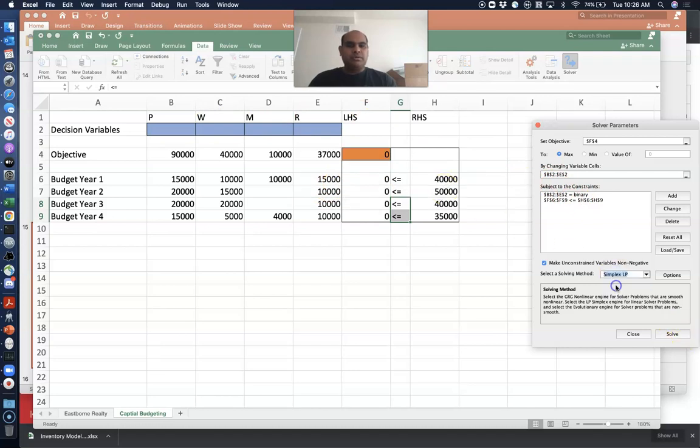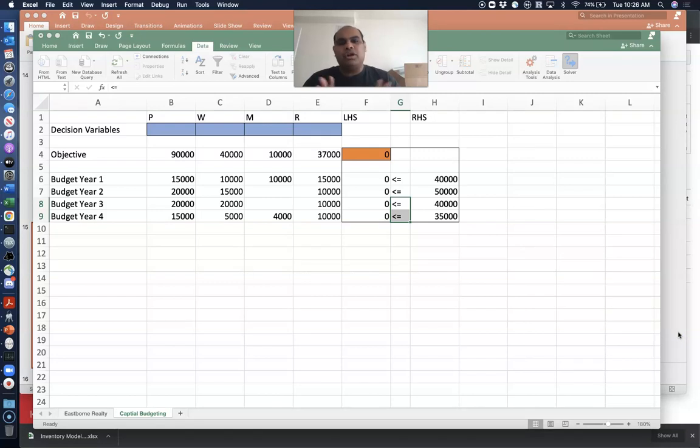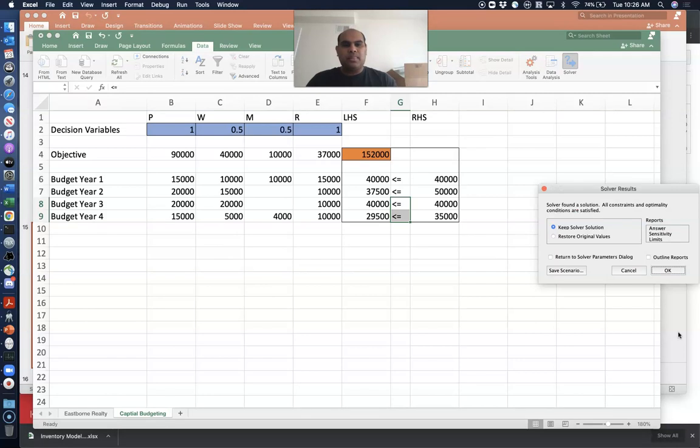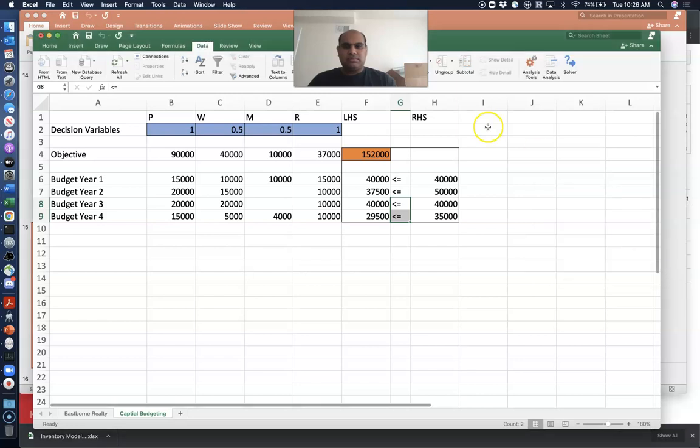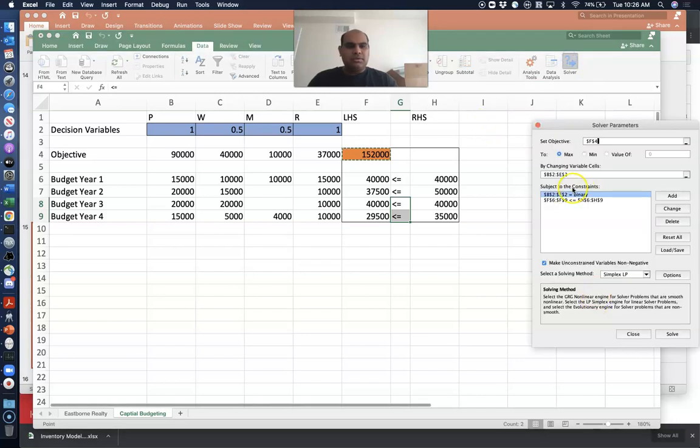Now here, changing it to LP or not doesn't make sense because obviously it's an integer programming problem, but I like to change it to an LP anyway. It's not going to matter. You can keep it as GRG nonlinear, you'll end up with the same answer. Don't write binary.